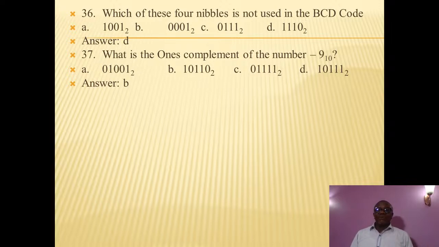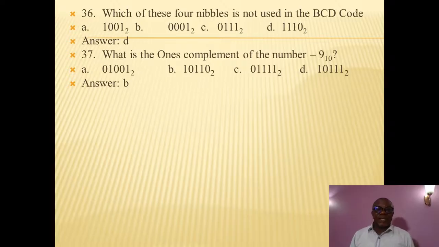And we now say to find the ones complement of a number, you change all ones to zeros and all zeros to ones. When you do that, you now see that that most significant bit 0 that is representing the minus sign becomes a 1. Then the other ones, because it's 1001, we now change to 0110.